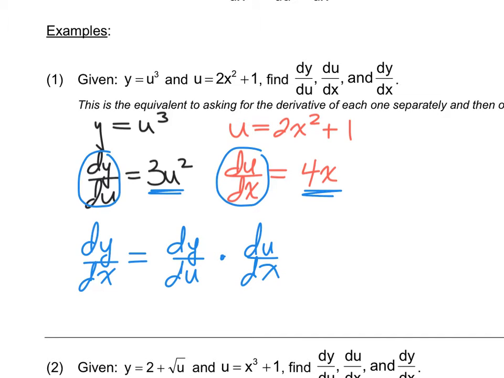All right, dy/du is 3u squared. du/dx is 4x. So that's one form of our derivative, 3u squared times 4x.